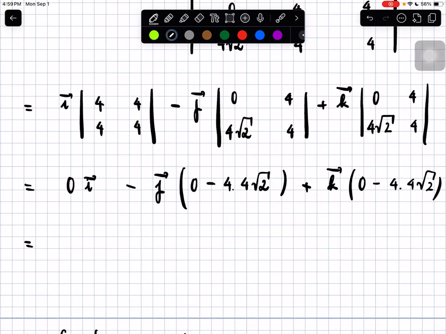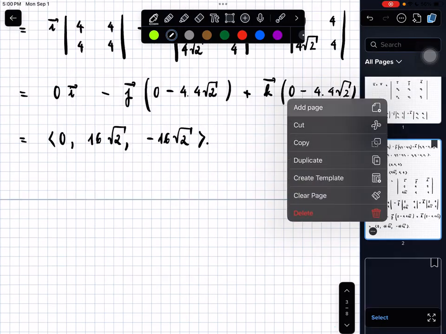So we can write this in terms of a vector: (0, 16 root 2, ...). This is minus, minus, so this gives us plus 16 square root of 2, and we have minus 16 square root of 2. So this is vector u cross v.